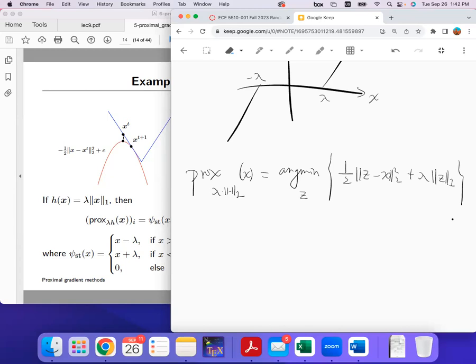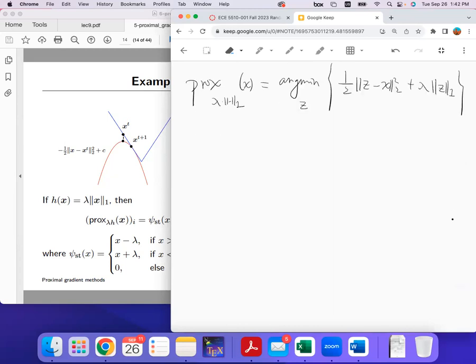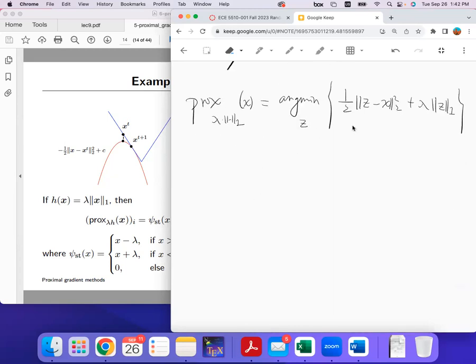And this problem seems complicated because it has that nice differentiable term plus a non-differentiable L1 term. But this problem has a very interesting structure because both terms are separable with regard to the dimensions. So I can rewrite it as: the squared distance is basically the entry-wise distance.